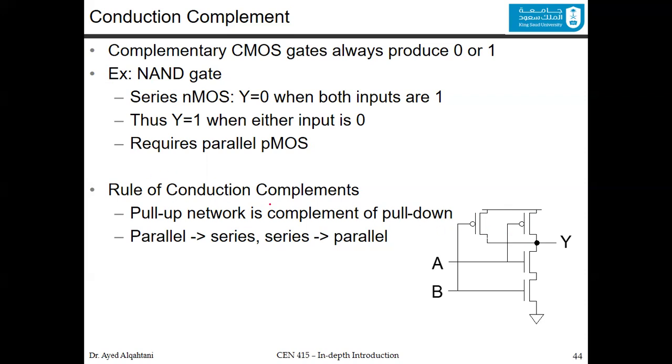So the rule of conduction here is that the pull up network is the complement of the pull down. When we say complement, we mean the duality, which basically means if they are series in the pull down, then it is parallel in the pull up. If the NMOS are series on the pull down, then the PMOS on the pull up are parallel. And that was the case in the two input NAND circuit.